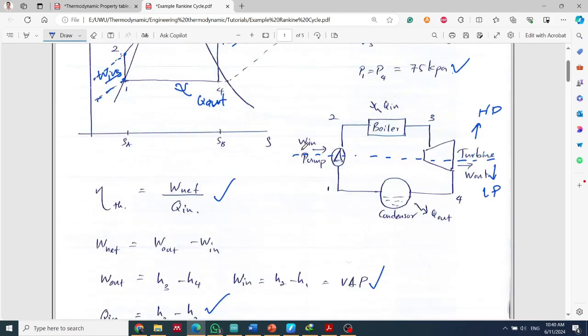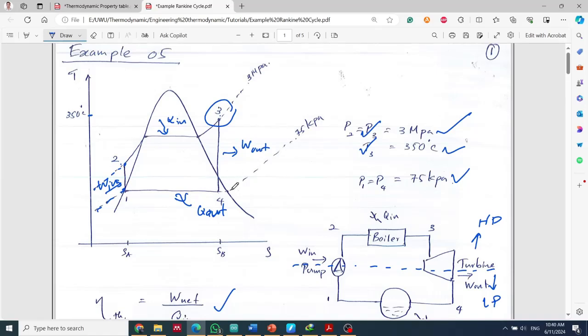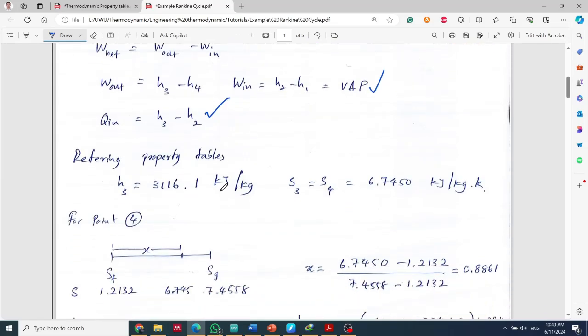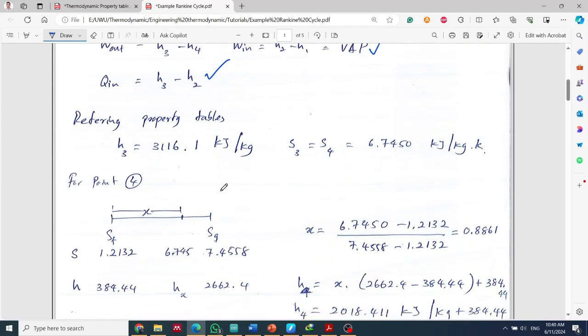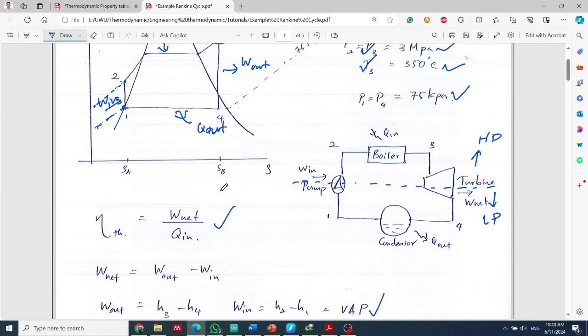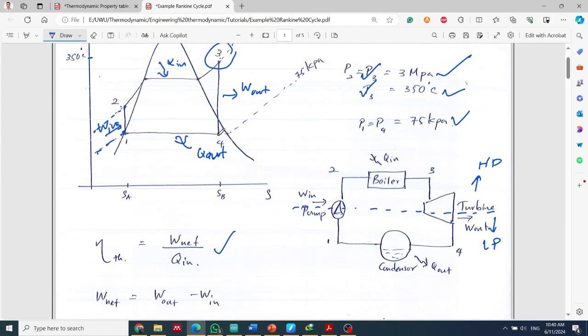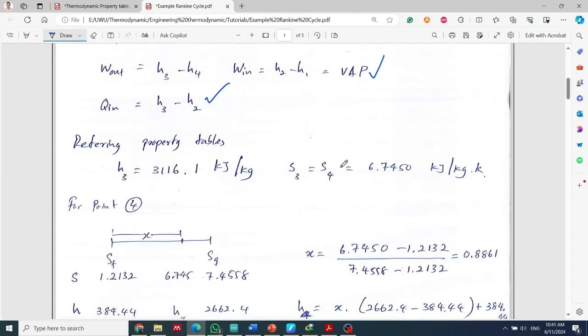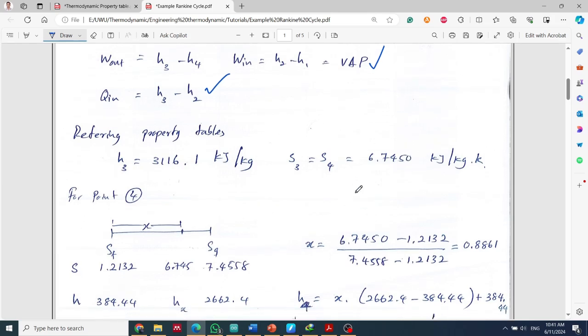So the next thing is to find the H4 value, the enthalpy at point 4. We find that by accurately estimating where this point is. We already know the S4 value, the entropy at point 4. Then we have to figure out where this point lies.